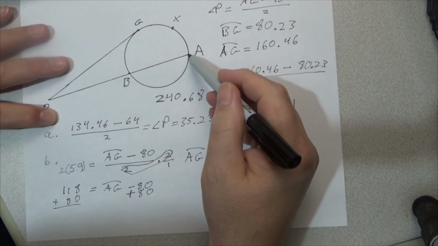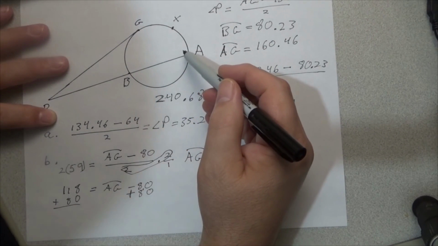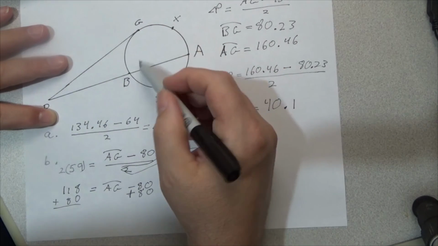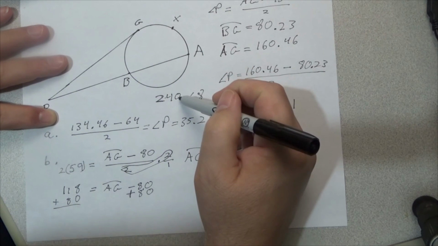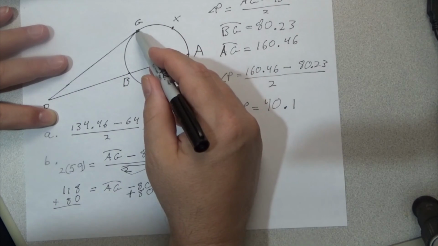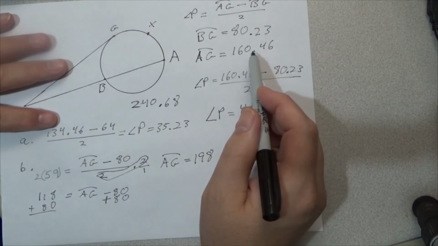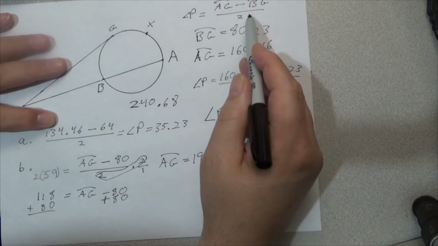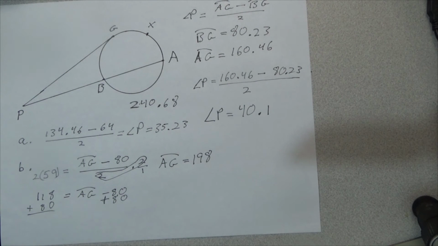Then it says that this one is half of this one. So that means that you've got 3 parts, 1 part here, 1 part here, and 1 part here. Divide that by 3, and each part is that amount. So this will be twice that one. And once we get the arcs, then we can put them into this formula and find out what angle P is.